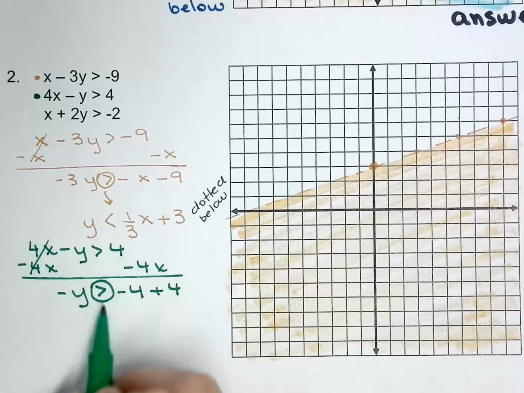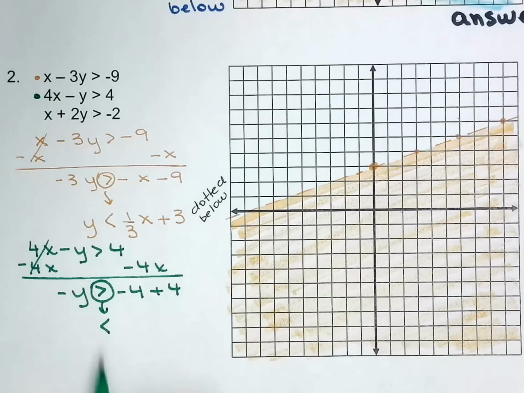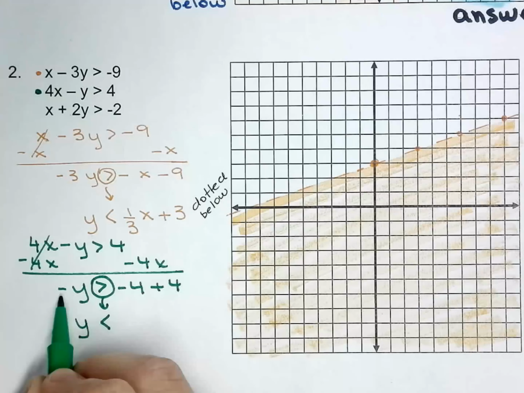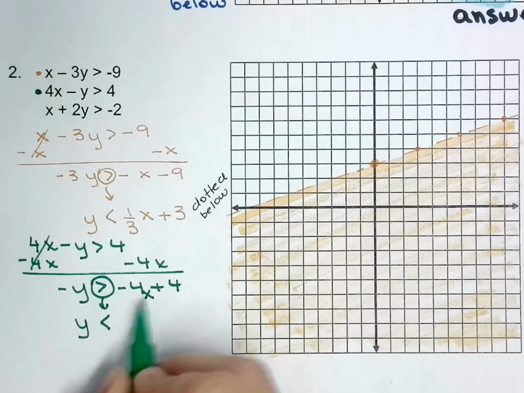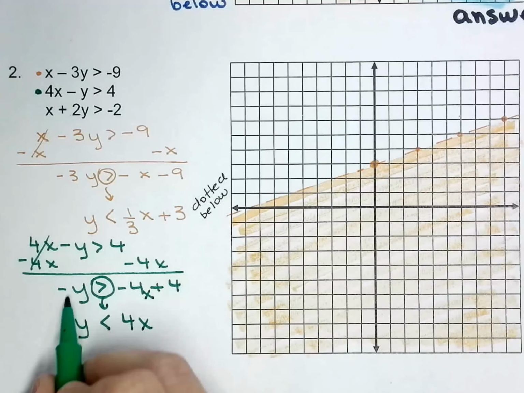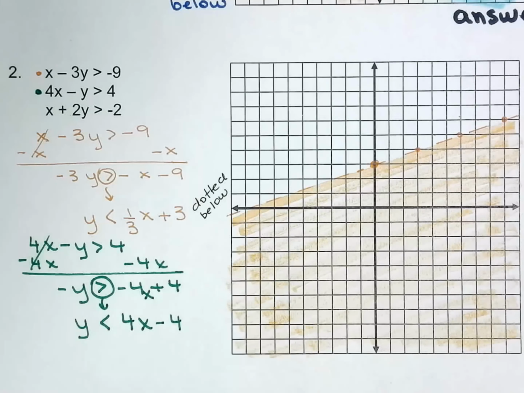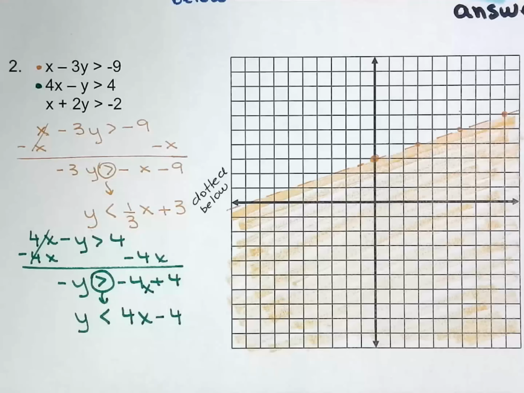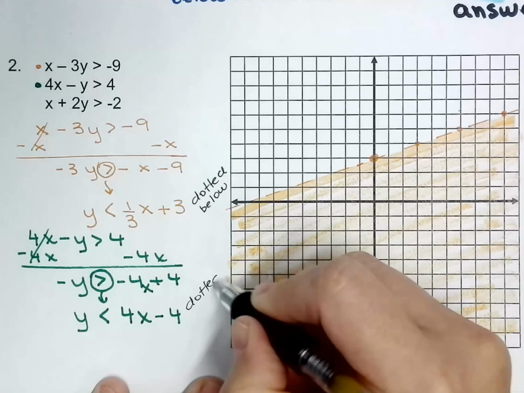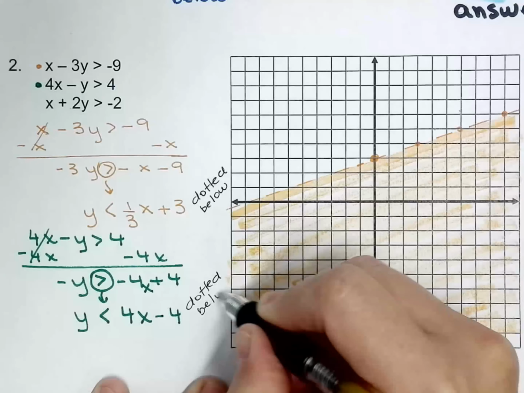Divide everybody by negative 1. Remember to switch the inequality sign right here because you're dividing by this negative 1 that you have here. So negative 4x divided by negative 1 is positive 4x. 4 divided by negative 1 is negative 4. Your line is going to be dotted, and you're going to shade below.